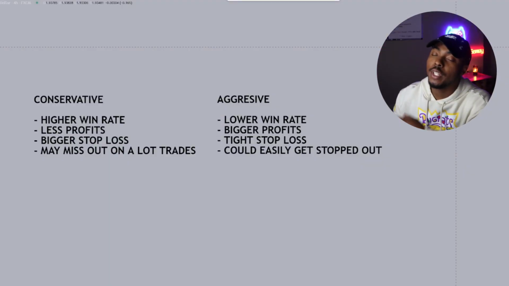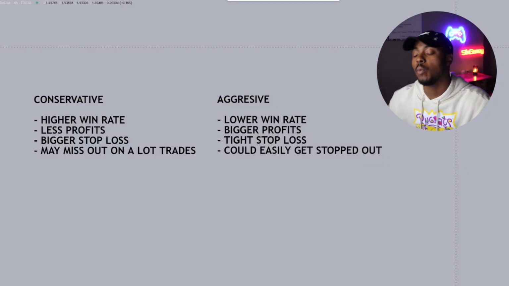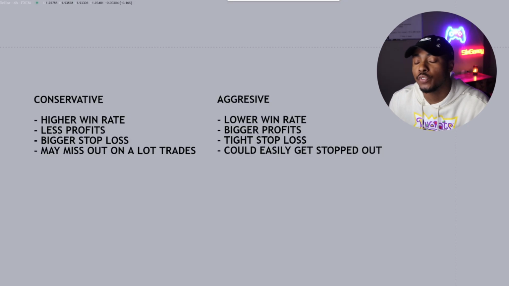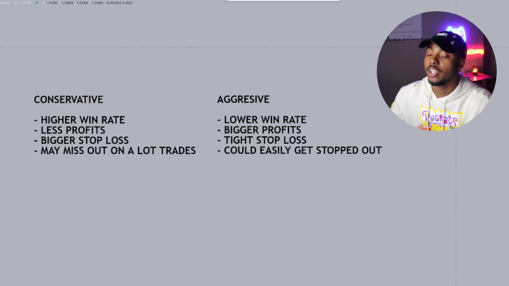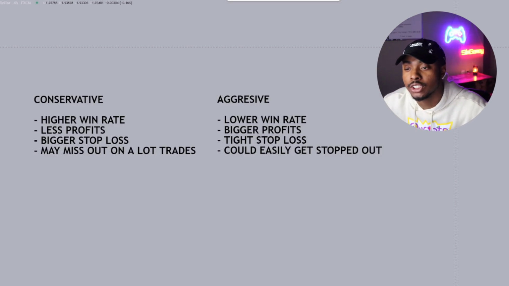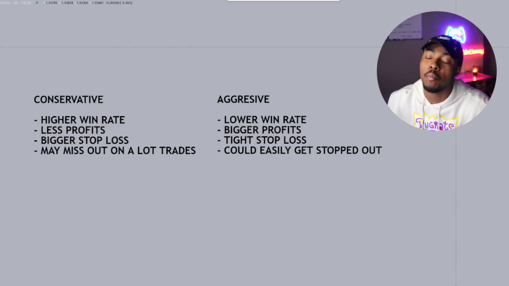So real quick, if you look at the demonstration that I have here for you, I wanted to go over some of the pros and cons for using both a conservative and an aggressive entry strategy or tactic. So when you're looking at a conservative entry, you are essentially waiting for more confirmation than you are when it comes to being aggressive.